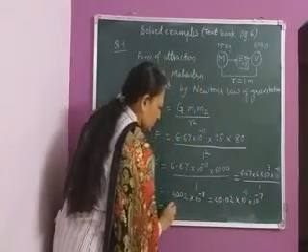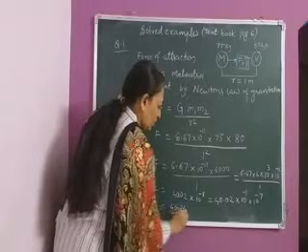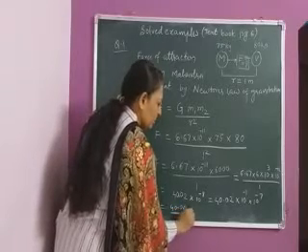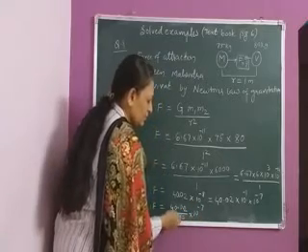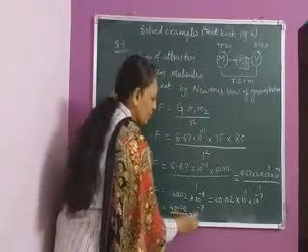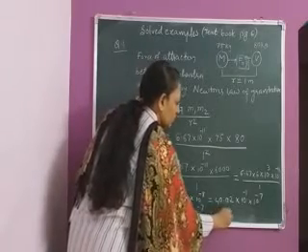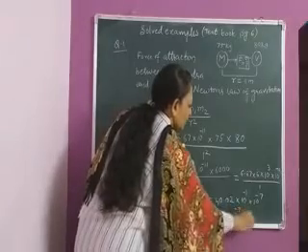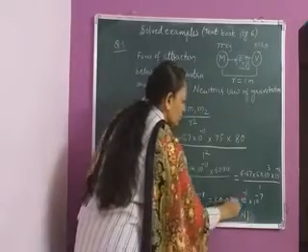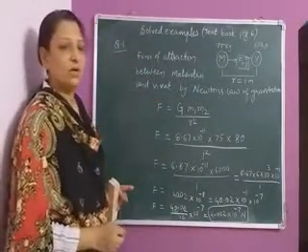So this is 40.02 upon 10 into 10 to the power negative 7. Since in the denominator there is 10, the decimal point will move to the left. 4.002 into 10 to the power negative 7 Newton is the amount of force which is exerted by Mahendra and Virat on each other.